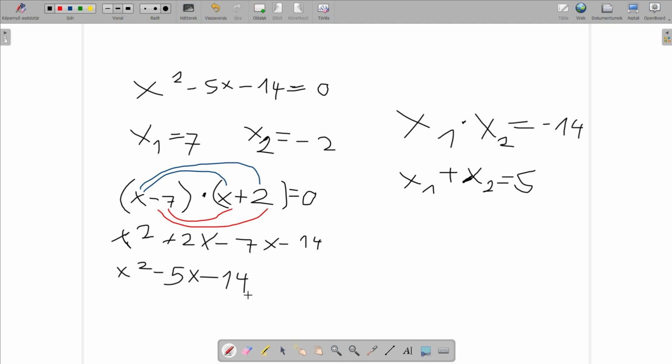So this is also an explanation for it. If you expand the entire expression, you would get this.